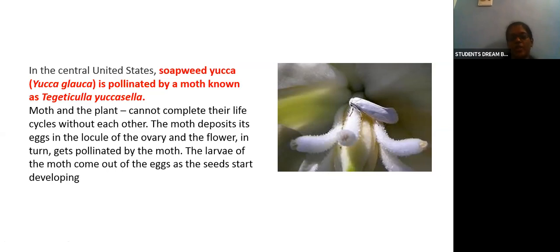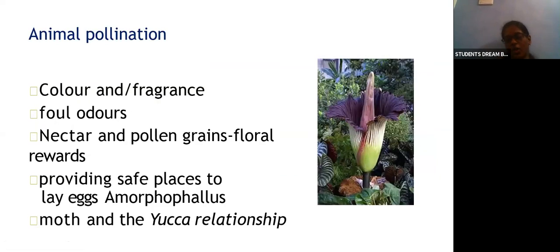Okay, they're mutually beneficial for each other. The moth will deposit its egg in the locule of the ovary and the flower, and in turn they will get pollinated by the moth. Okay, so the larva of the moth will come out of the flower as the seed will start developing. You can see here. Okay, so this is the relationship between moth and the yucca. This is an example of animal pollination.